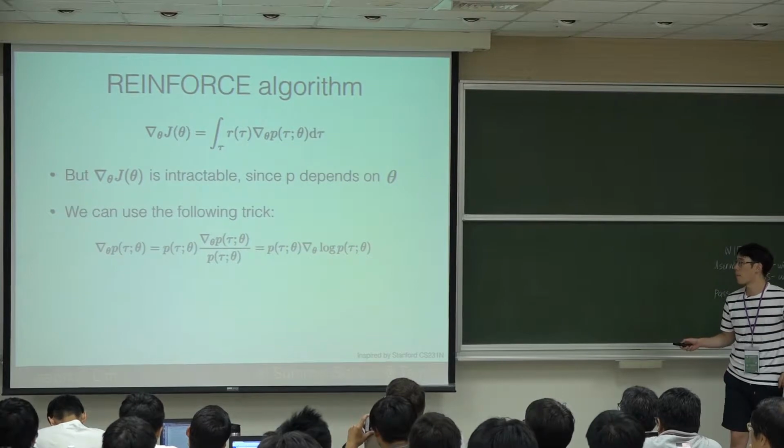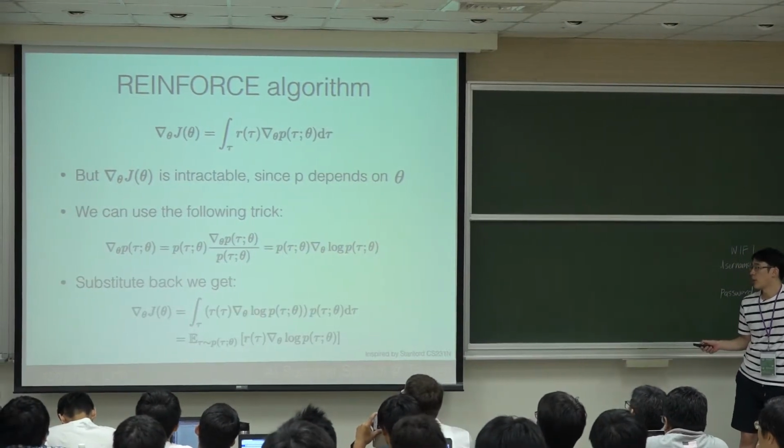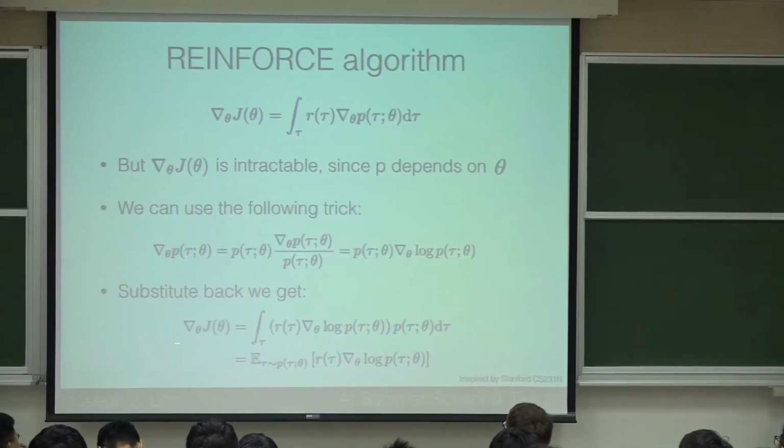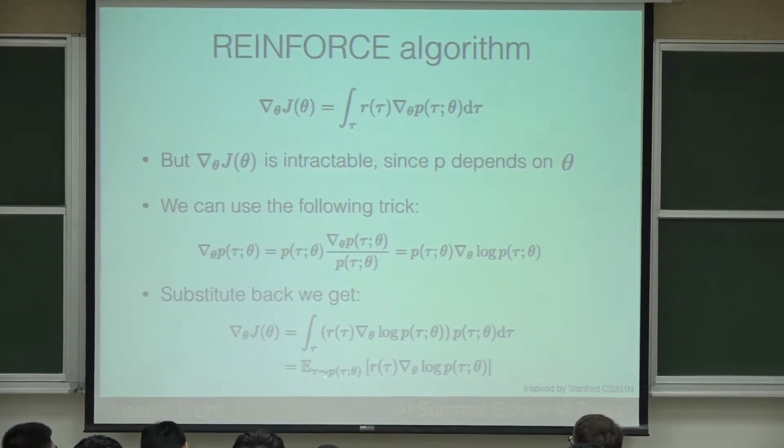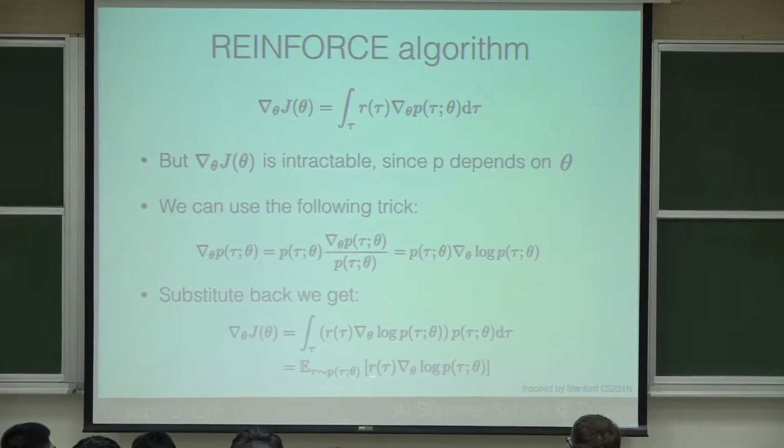Then we substitute it back, and we get the gradient of J, which is equal to the expected value of R times the gradient of the log of P. Everything here so far is just a simple algebra trick, but we write it in a different form because it has a meaningful interpretation later.